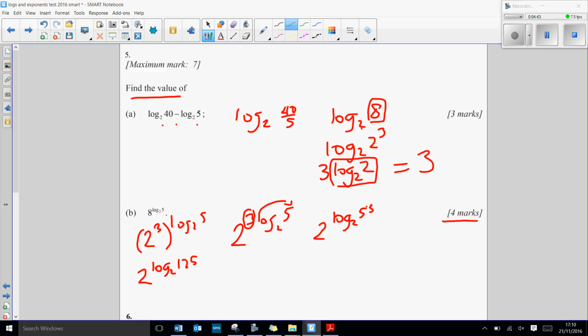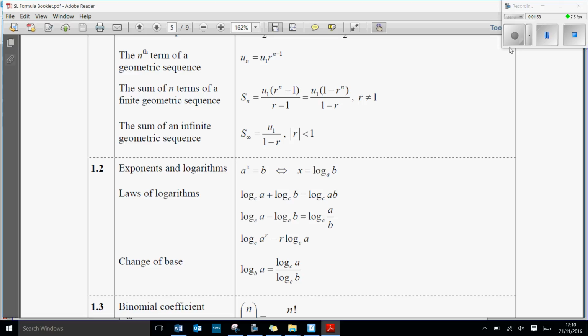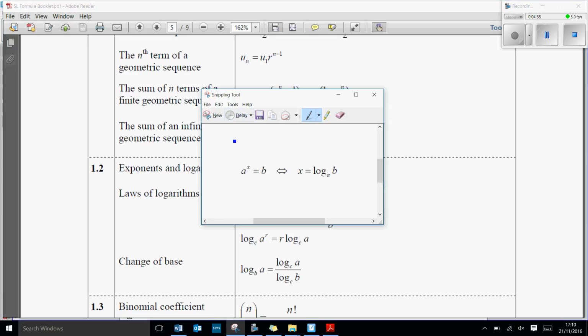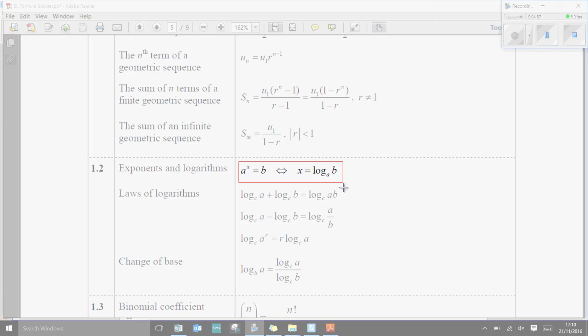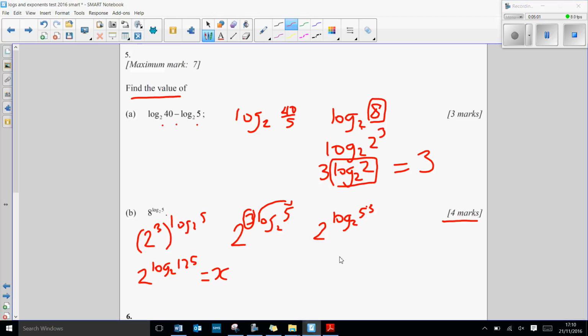Now, if we equate this to x, we can actually use that same formula from the formula booklet. But this time we've got a power form and we're going to this form.